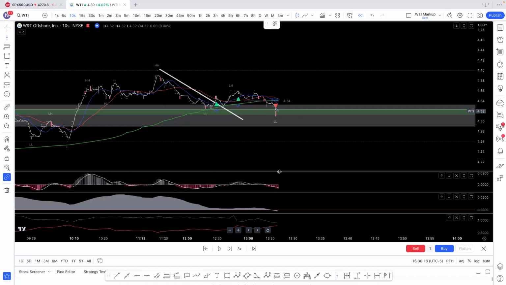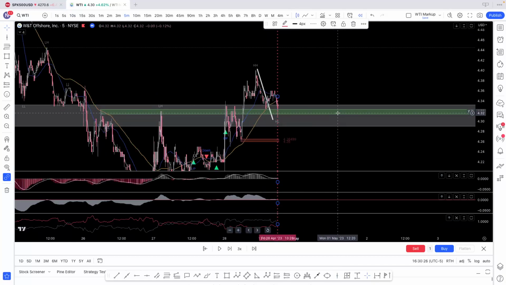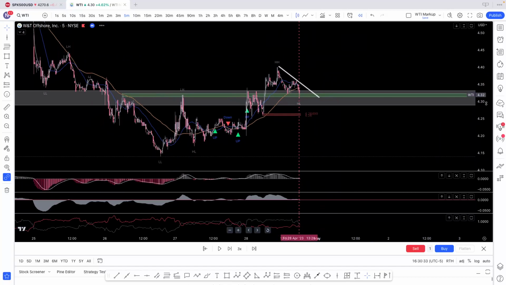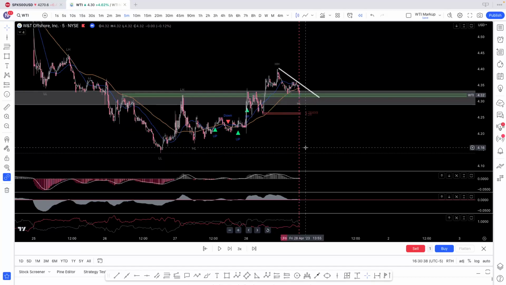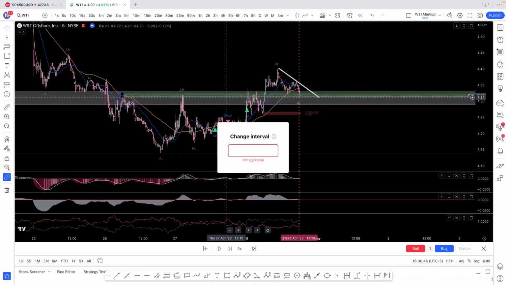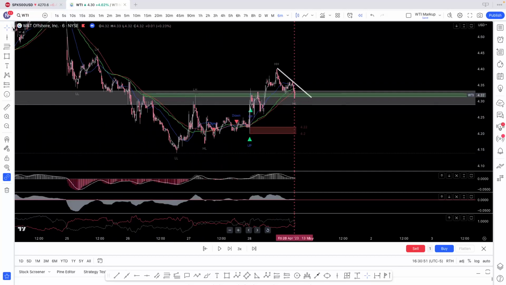So what I'm going to do now is go back up to my 5, because it could be that this is a pullback. Oh, or maybe this is my pullback for the move down. Ooh, that might be it. Maybe this is the pullback. All right, I think I may be getting it. All right, cool. So 6. What I'm looking at now is, I'm gonna turn this one thing off for just a moment.